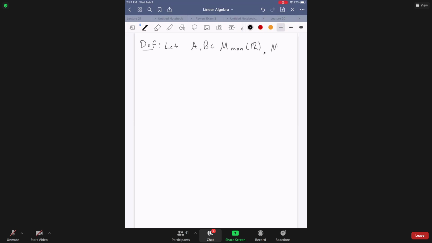So now we can finally rigorously define when two matrices are row equivalent.